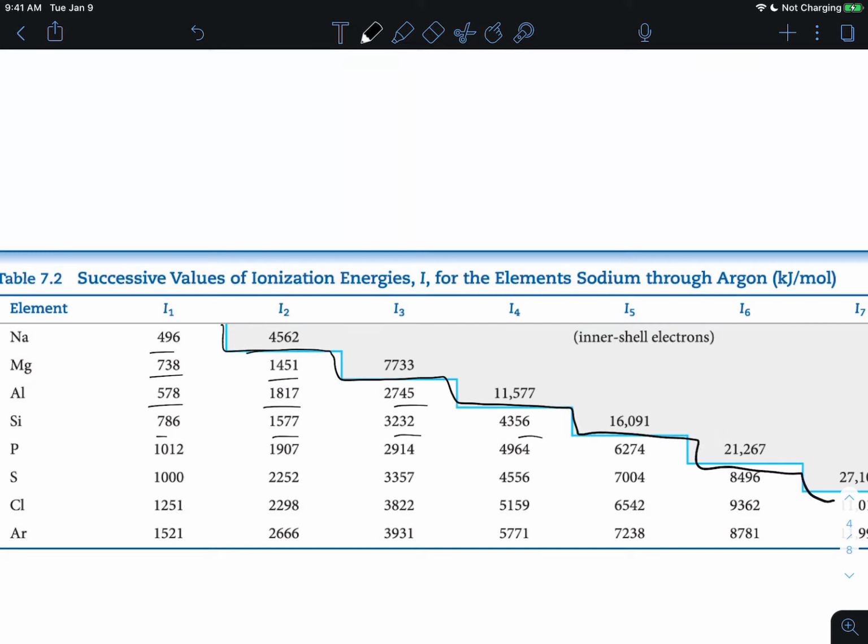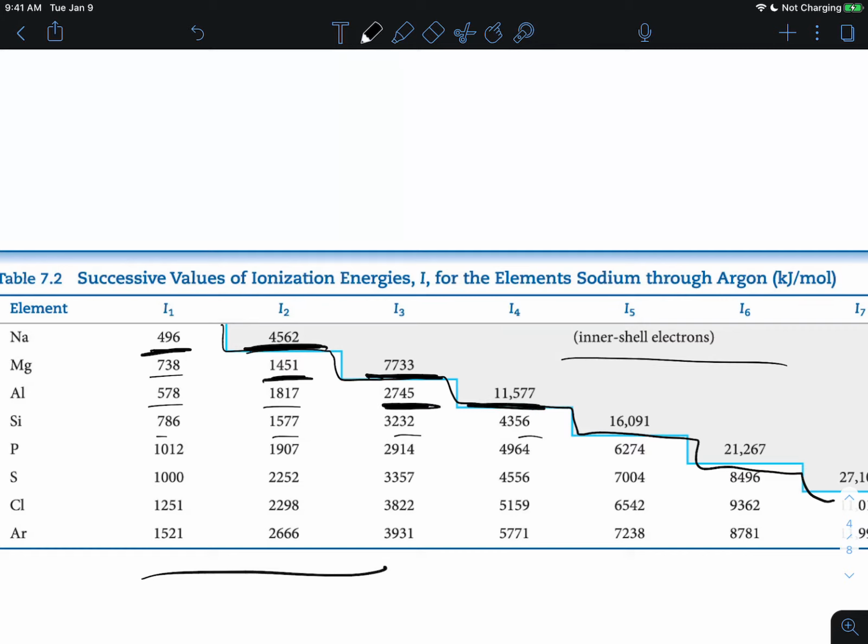Now, you might notice this little stair step right here. This stair step is the in-between valence electrons and core electrons. So all the electrons in white, the ones that are being removed, are all valence electrons. Once you go from a valence to a core electron, that energy increases significantly.